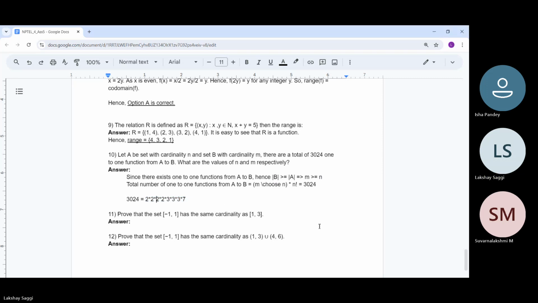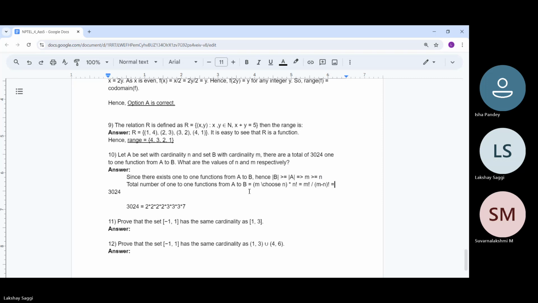And note that we need to convert it into some form of m choose n times n factorial, right? And maybe we should simplify this also. What does m choose n times n factorial actually mean? So m choose n is nothing but m factorial divided by n factorial times (m minus n) factorial. And this n factorial is also in multiplication with it. So this is nothing but m factorial divided by (m minus n) factorial, right?